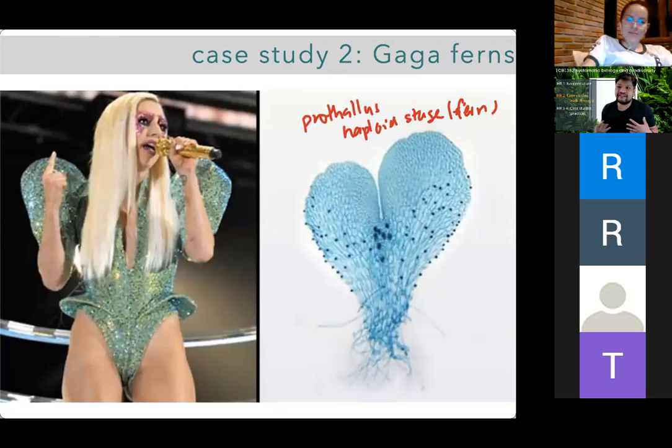The funny thing is that Lady Gaga is such a symbol for the LGBTQ plus community, and most prothallus ferns are actually bisexual by nature. They have the female part here, and that dot out there is a male part. Almost all ferns are bisexual, hermaphrodite, or whatever name you want to call them, and all ferns, including Gaga ferns, are like this. And it happens that Gaga has this outfit that looks just like that.